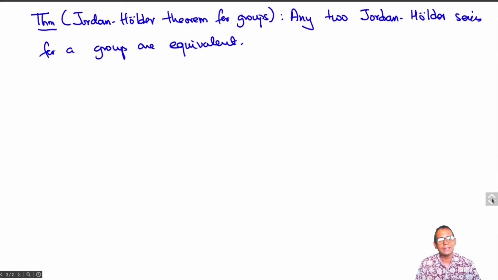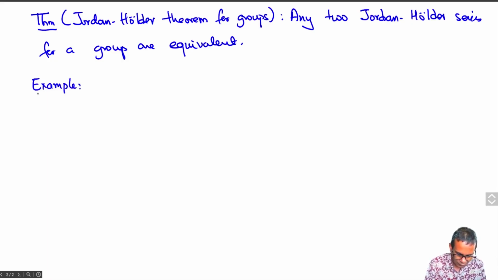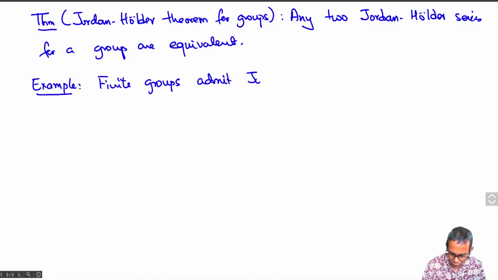And the proof is exactly the same as for modules. And so just philosophically, what does this say? So in some sense, it says that, okay, let's just talk about finite groups. Because of finiteness, finite groups always admit Jordan-Holder series. But there are infinite simple groups and there are infinite groups which admit Jordan-Holder series as well.